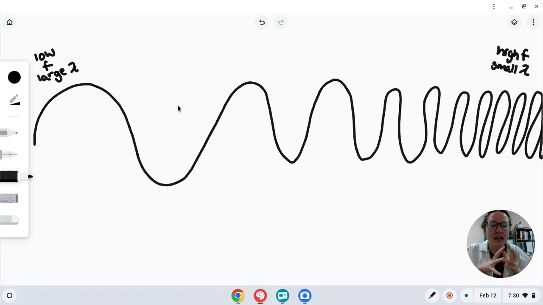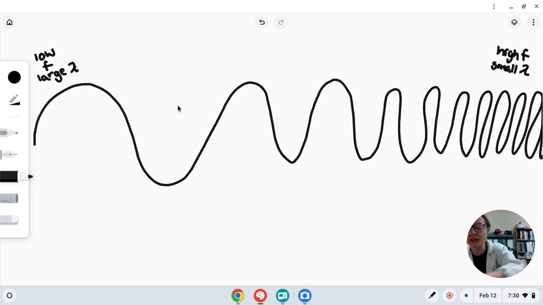Here's one thing you need to know. Last unit, when we talked about waves, we said the energy of a wave corresponds to its amplitude. If the amplitude is greater, we have more energy; if smaller, less energy. That's still true, but there's another factor that impacts the energy of a wave, and that is frequency. An electromagnetic wave with a much higher frequency is a higher energy wave, and a lower frequency is a much lower energy wave.